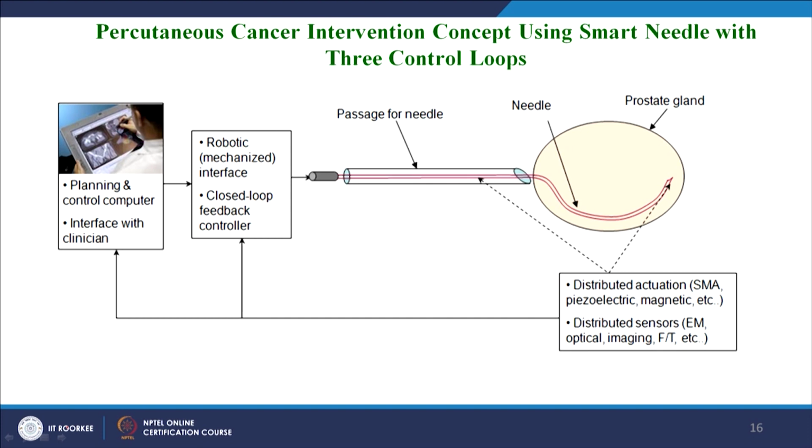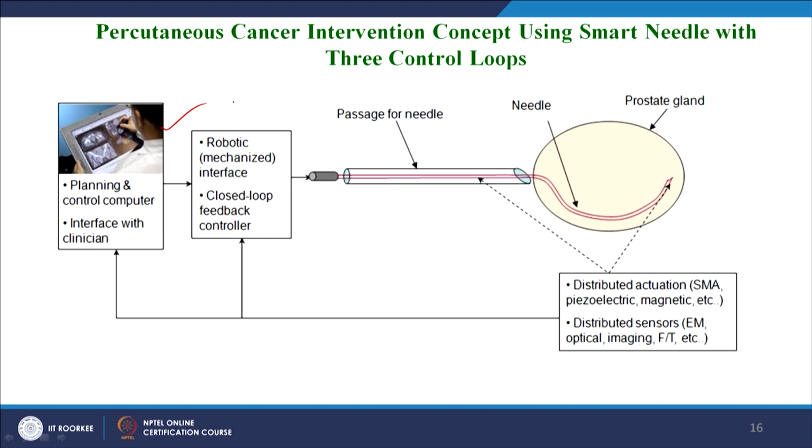Now, as proposed by Professor Parder, there are three control loops when we utilize the robot-actuated or robot-guided smart flexible needle.